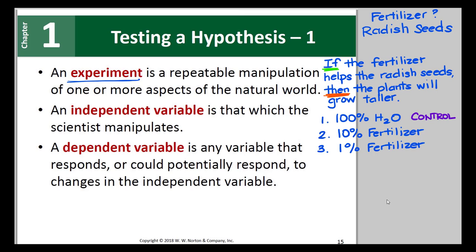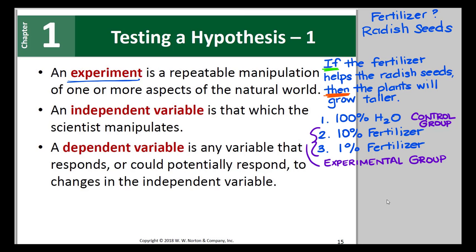That's our control group. And then the 10% fertilizer and 1% fertilizer groups are both going to be experimental groups because we don't know what's going to happen with those. So those are our experiments. Now I can have as many experimental groups as I would like. Just for the sake of keeping this fairly simple, I thought I would just have 2. So those are both experimental groups.